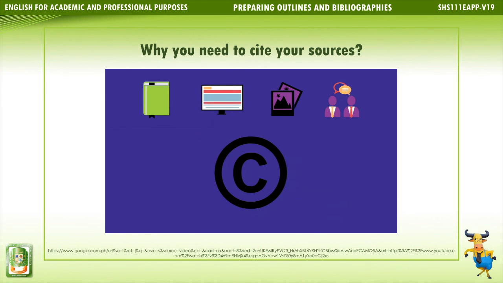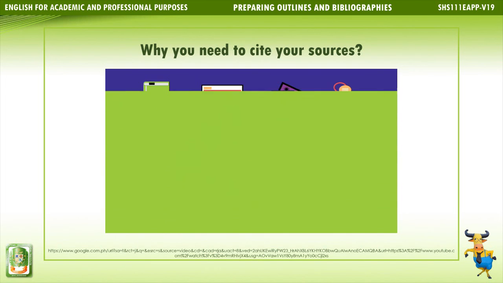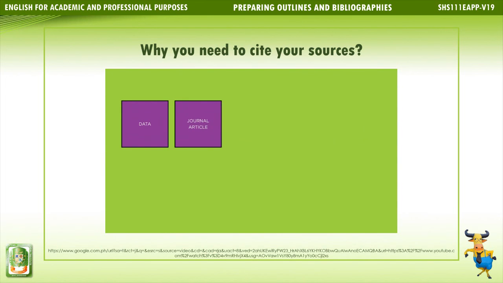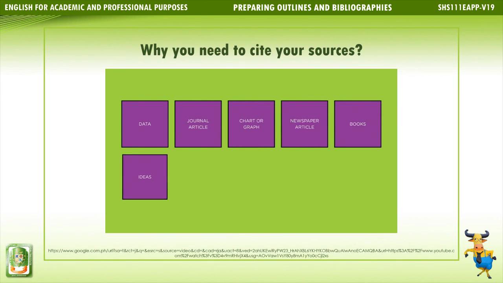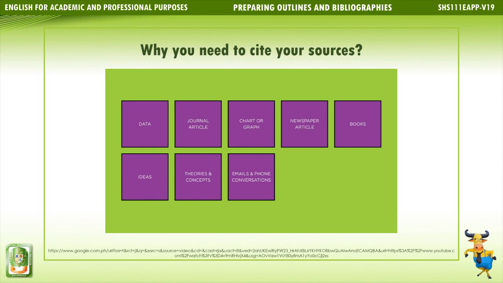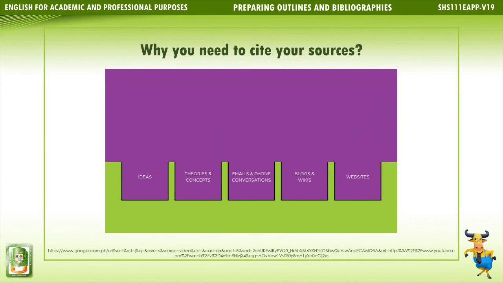It can be copyrighted or not. Some examples include data, journal article, chart or graph, newspaper article, books, ideas, theories and concepts, emails and phone conversations, blogs and wikis, websites. Well, we could go on, but you get the idea.